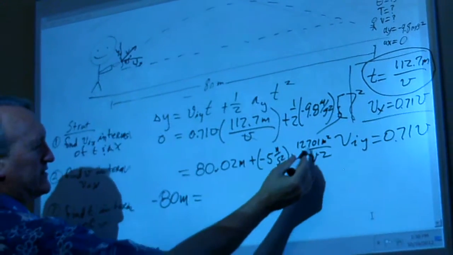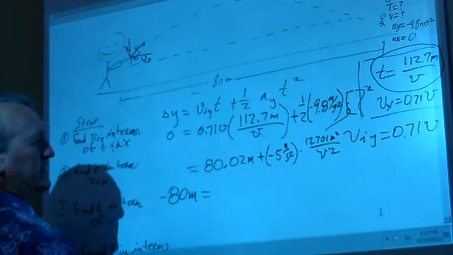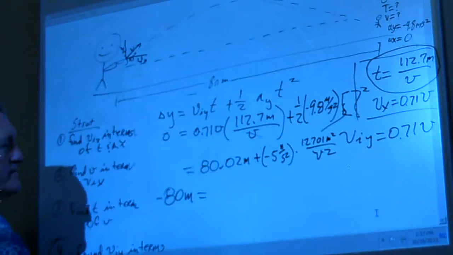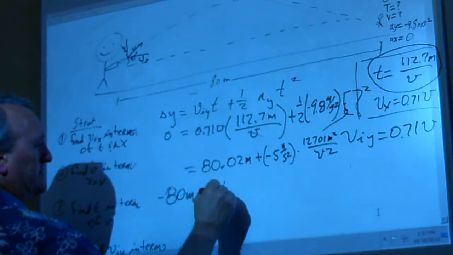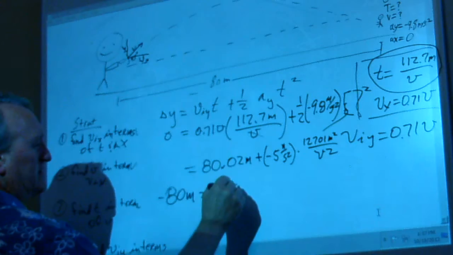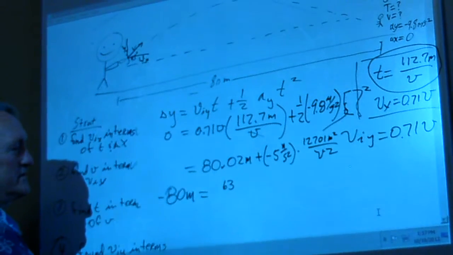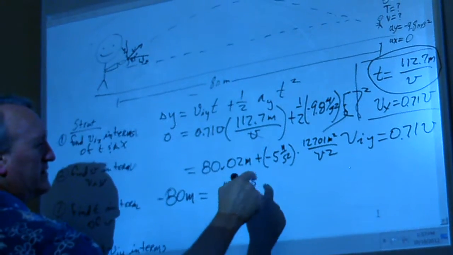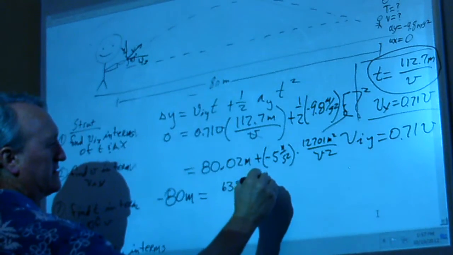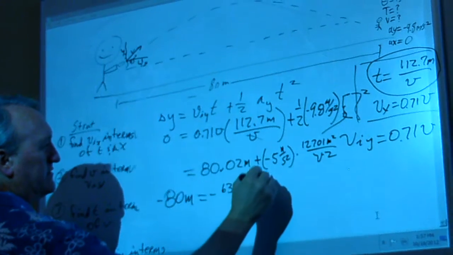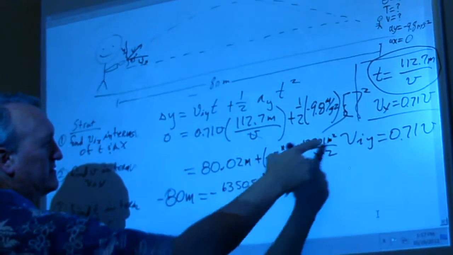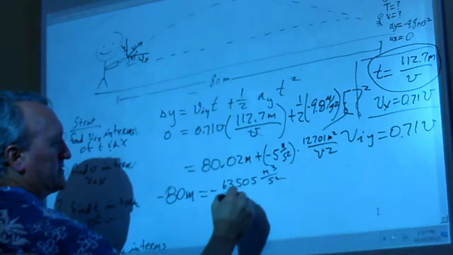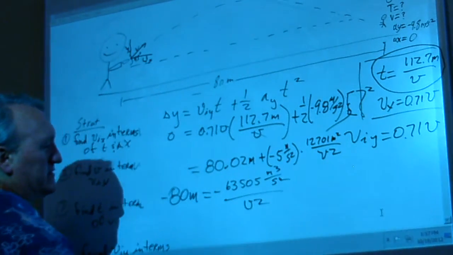And what's 5 times 12,701? 63,505. And it's meters cubed per second squared, negative, because it's negative 5 times meters squared, divided by V squared.